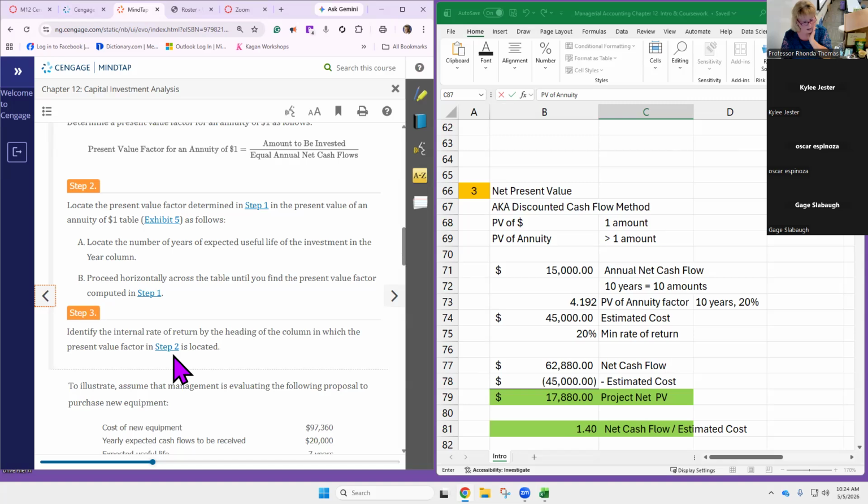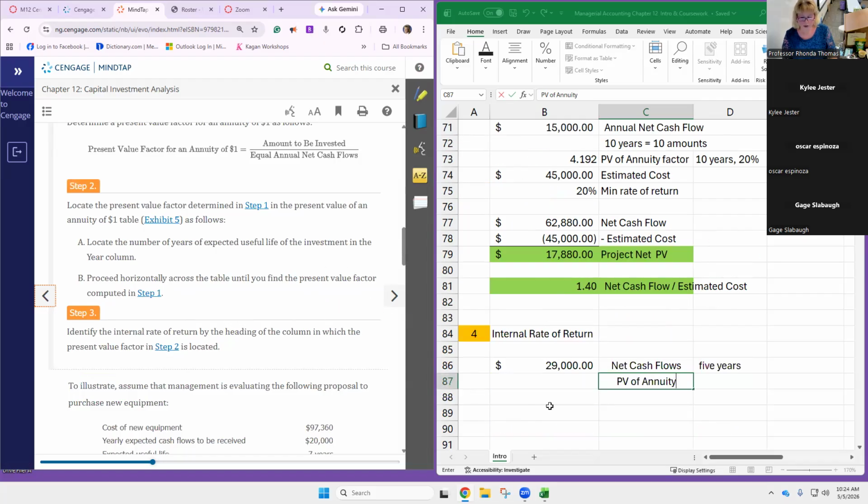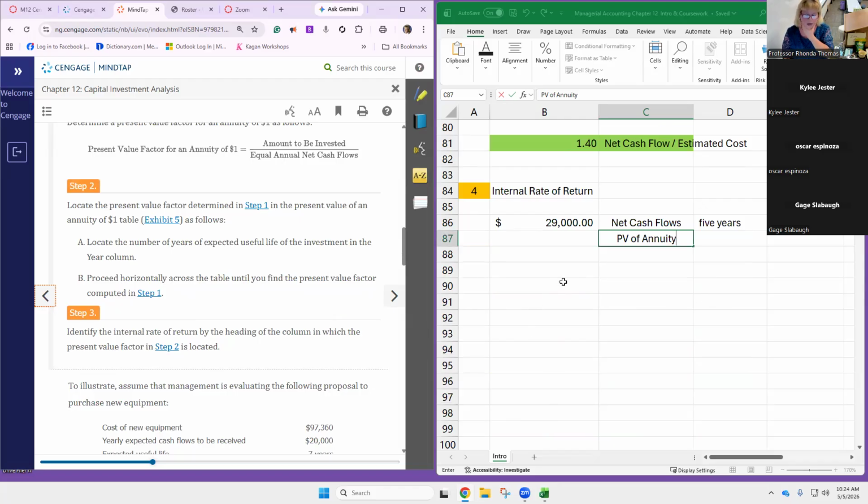Then you have to look at the table to find the present value factor.